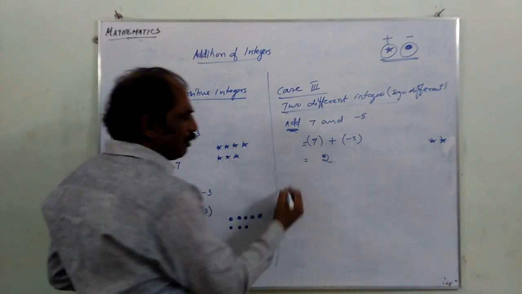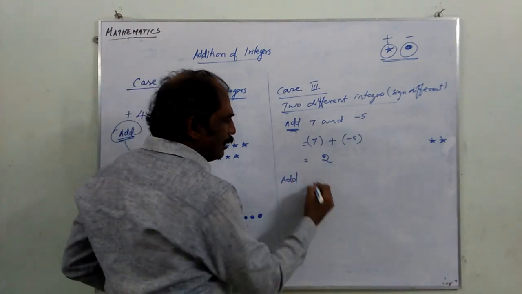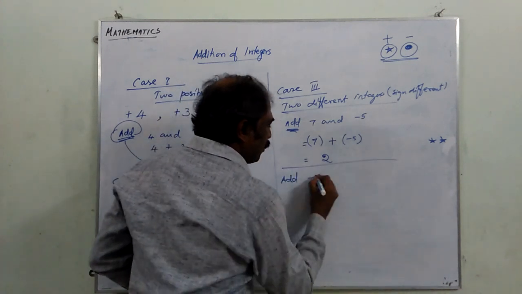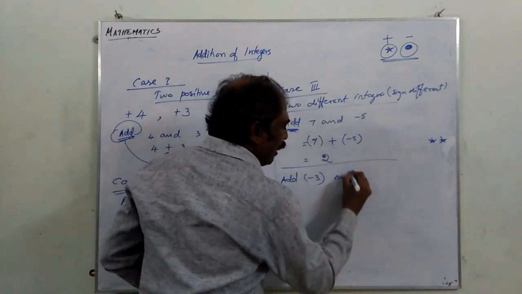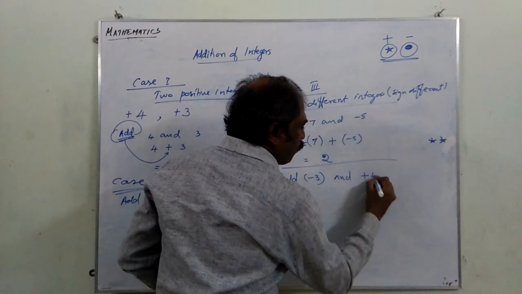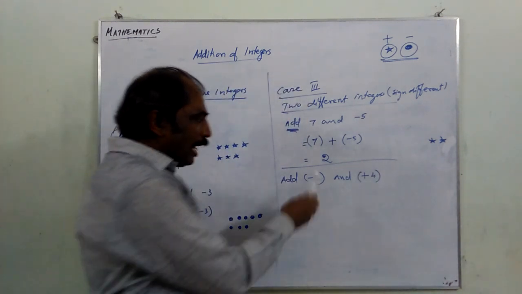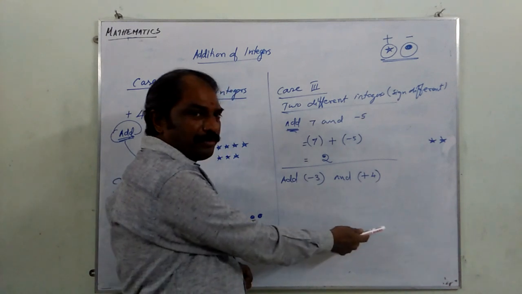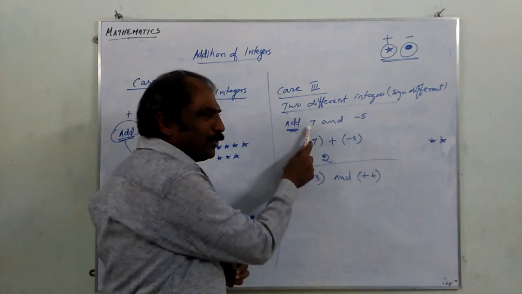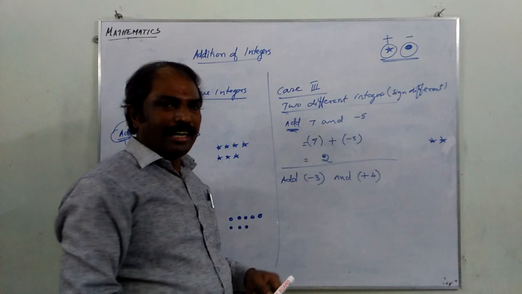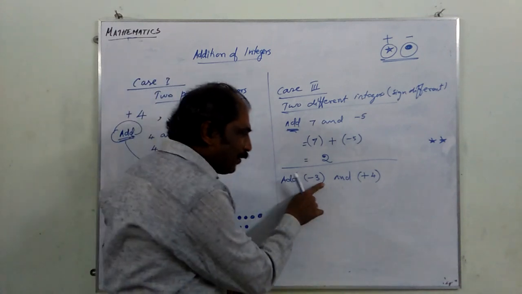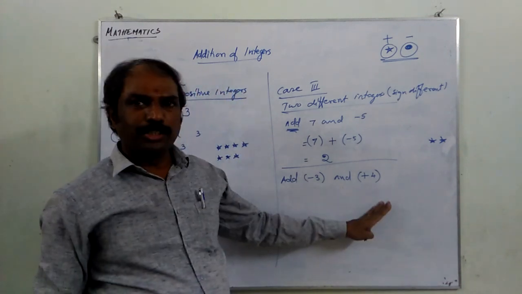And suppose you have to add minus 3 and plus 4, what do you get? Here also the case is a negative and positive. The previous was a positive integer and a negative integer added. Here the case is a negative integer added to a positive integer.